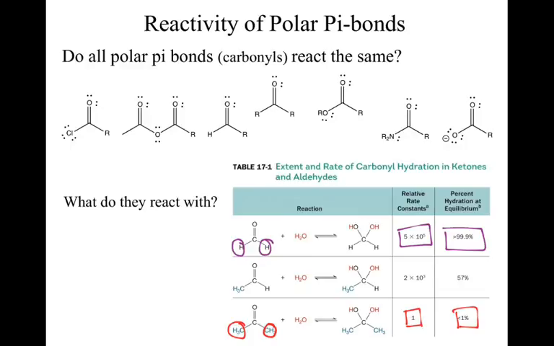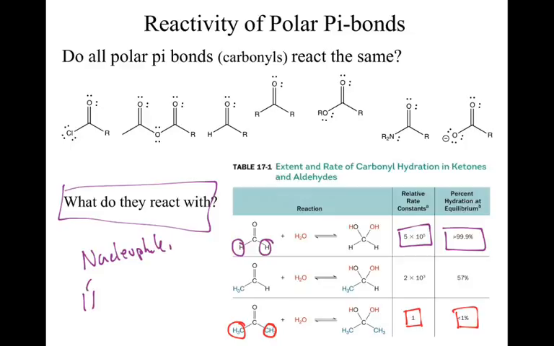And then again, why does that matter? Well, what are we reacting these with? I'm reacting them with a nucleophile. So if I take my acyl chloride, the carbonyl with the chlorine, or say one with the negative charge, and I want to do a reaction where my nucleophile is, say, H minus, which of these two is going to get me my product faster?